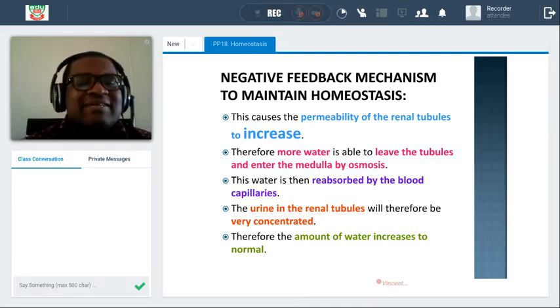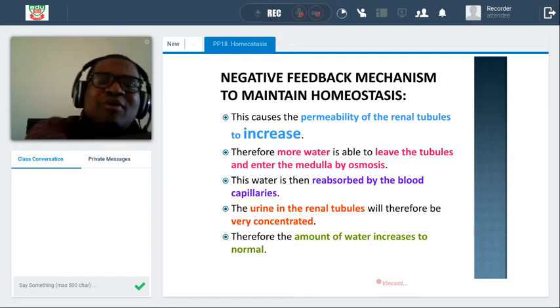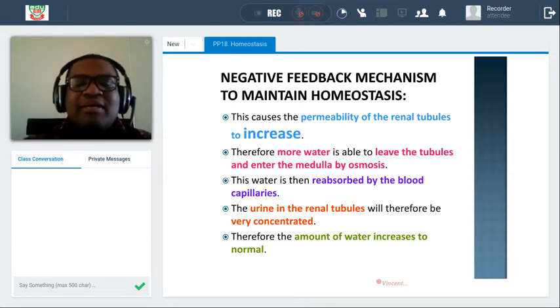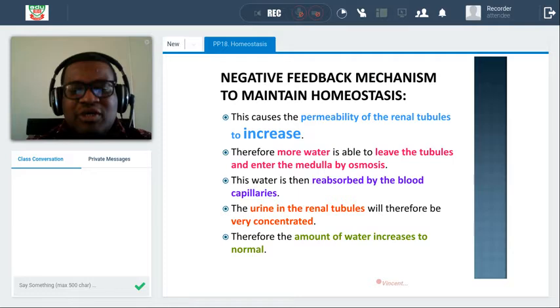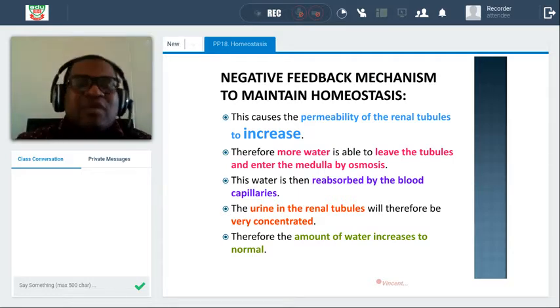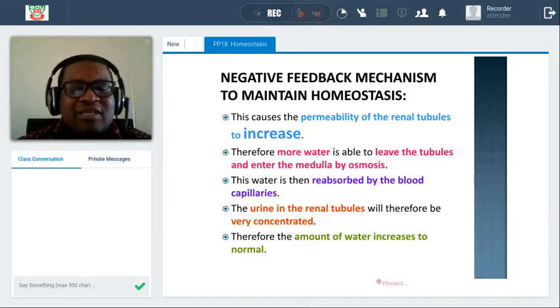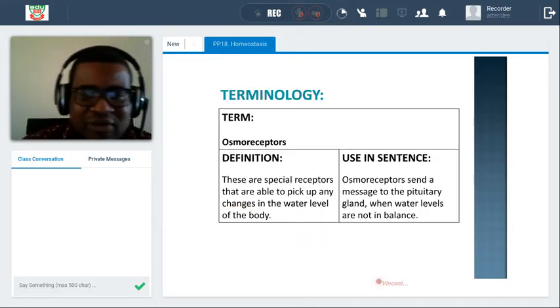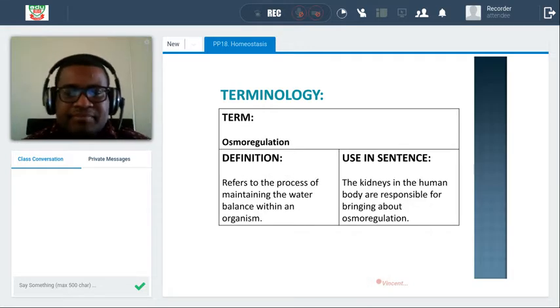So when this permeability increases, more water is reabsorbed from the kidney tubules into the kidney medulla, where it is reabsorbed back into the bloodstream. So in this way, more water is reabsorbed back into the blood and less water is sent out as urine. So you send out a small quantity of concentrated urine, like when you're doing sports.